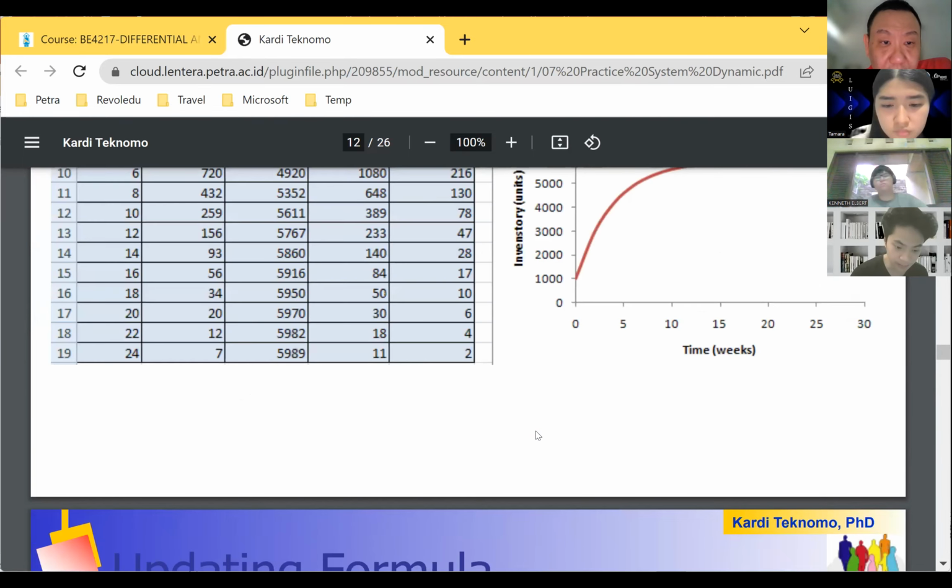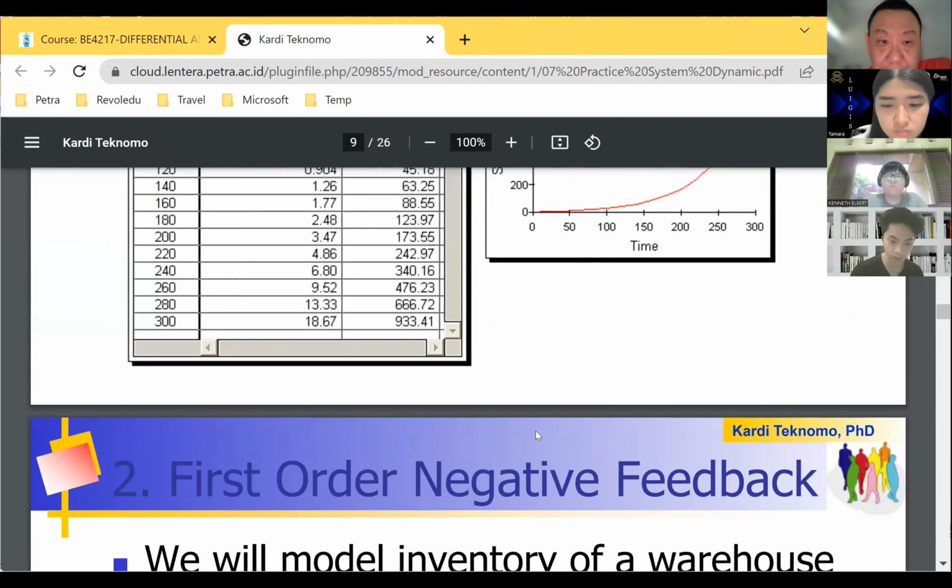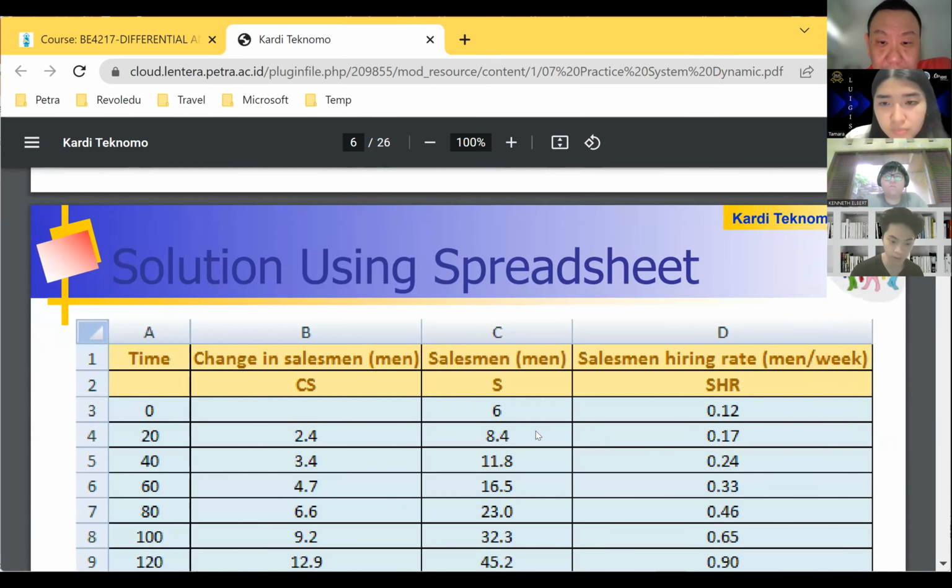To start with the first one, probably the easiest, this one.